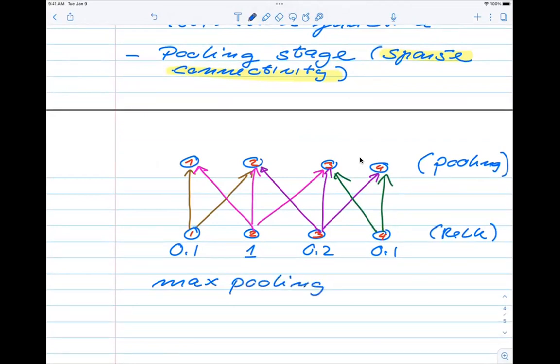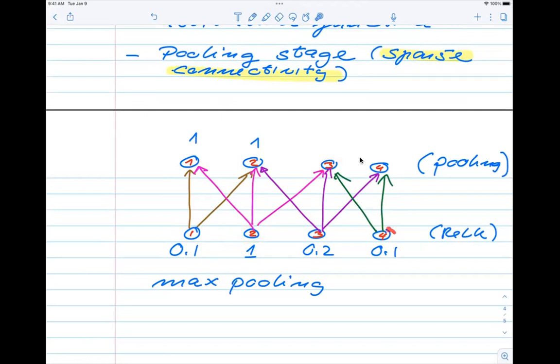So if you now look at the nodes which are connected here, this node here feeds in a 0.1, but this one feeds in 1, and it feeds in 1 here, and it feeds in 1 here. So what we end up with is to take the maximum value, 1 here, 1 here, and you see now that node 2 here feeds in 1 here as well.